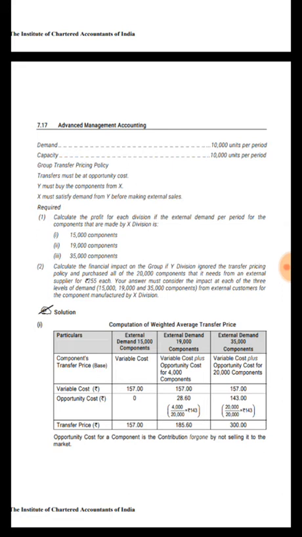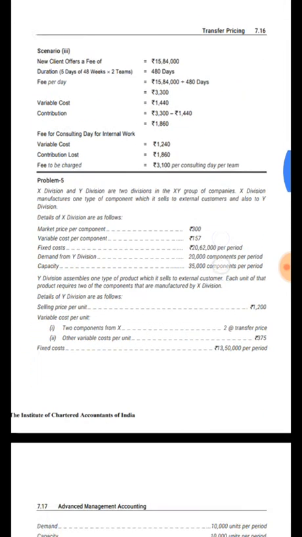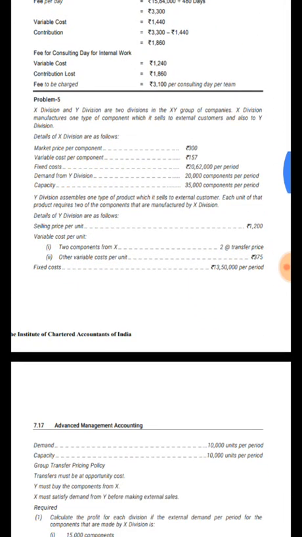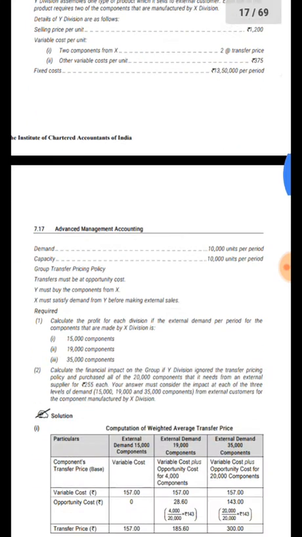For making the profit statement, for X division everything is given, but for Y division we need the transfer price for the component which X division is sending to Y, right? So first let's calculate the transfer price.